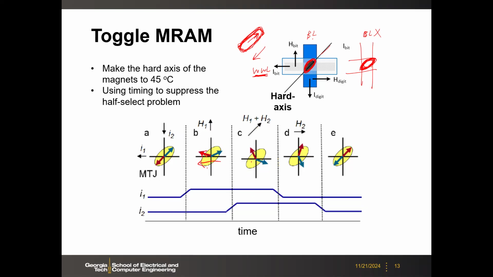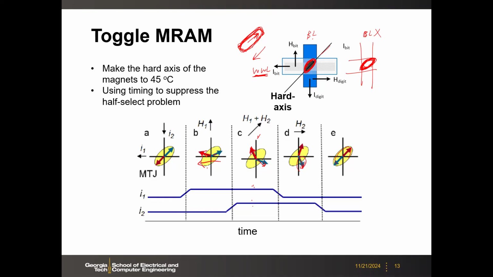And then here, in the middle, you are going to apply both I1 and I2. I2 means vertical currents. So you will further change this guy, and then you are going to flip this guy. So then in the final phase, you will flip more on this guy.